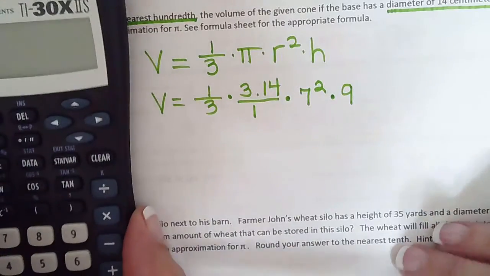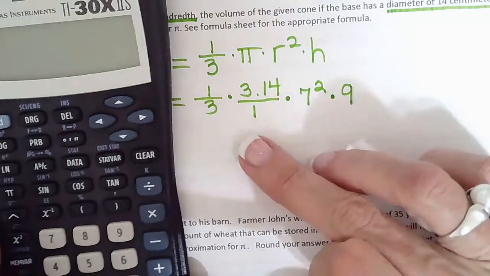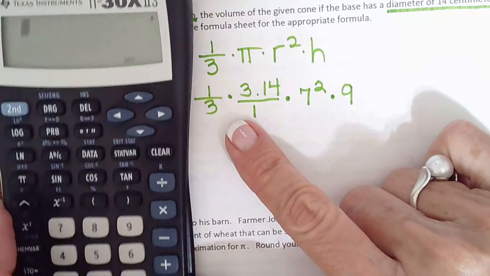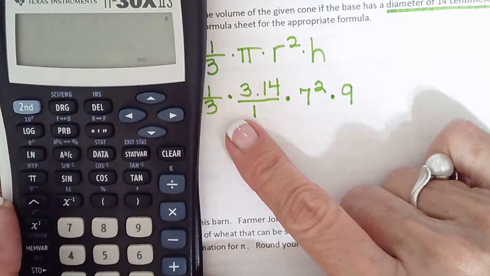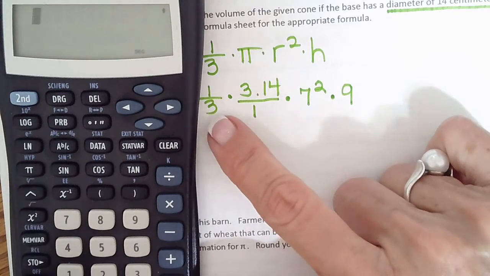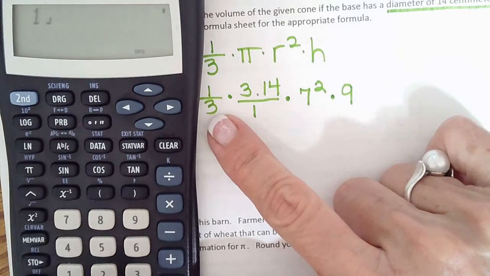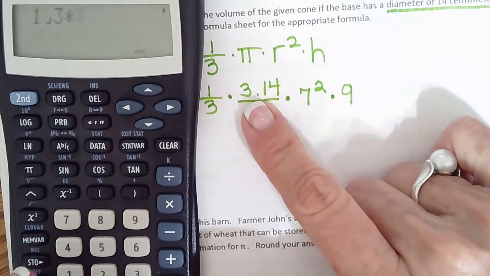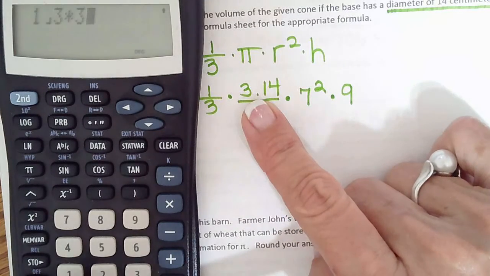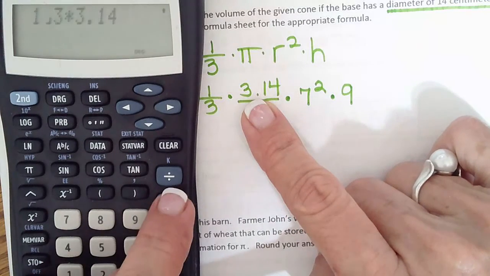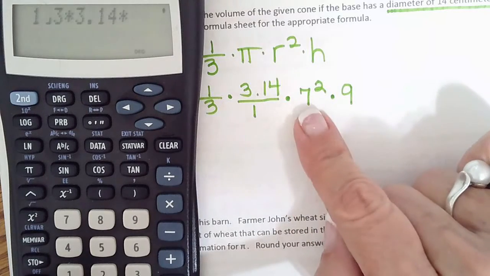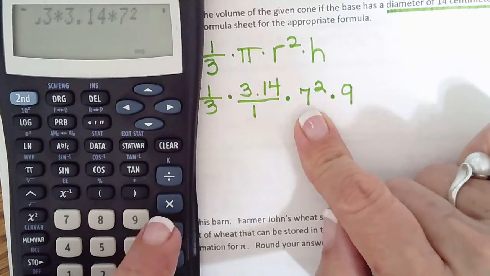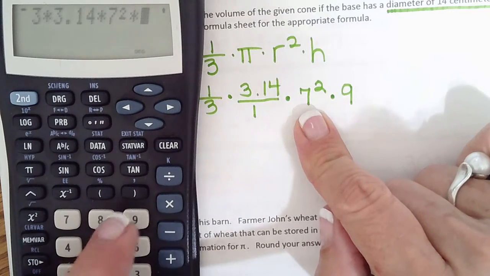I didn't really need to put that 3.14 over 1, but you're going to type it in just like you see it. So let me move the calculator up so you guys can see my keystrokes. So 1 fraction bar 3 times, and we don't need to put that 1 in, so I'm just going to type in 3.14 times 7 x squared, and I could have put 49, but why not let the calculator do everything, times 9.